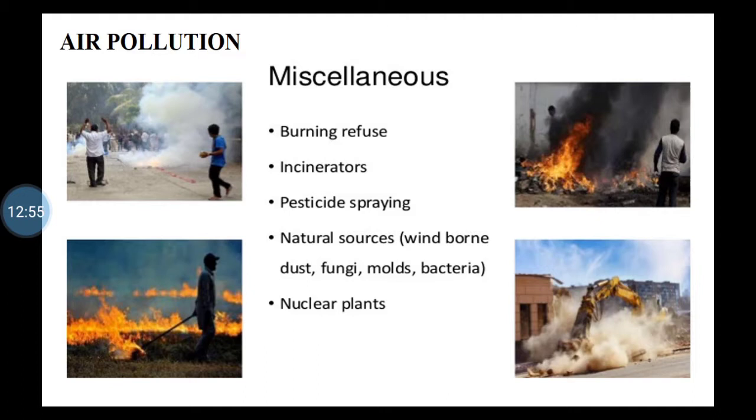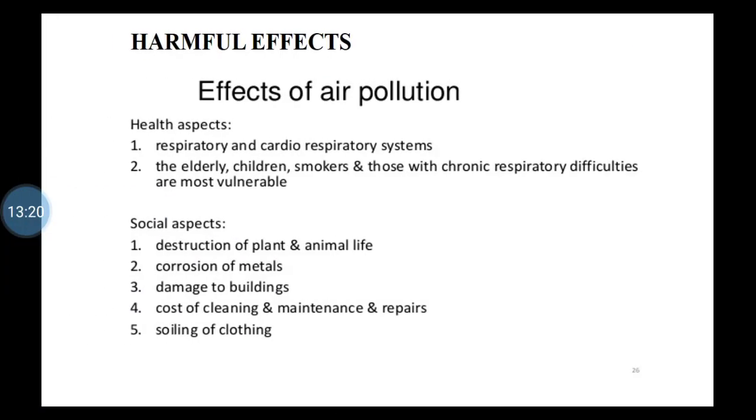Incinerators, so burning is carried out at a large scale by using incinerators, isn't it? Then pesticide which is sprayed in the fields is a factor responsible for air pollution. Then natural sources like wind-borne dust, fungi, molds, bacteria and nuclear programs that I gave you an idea about.